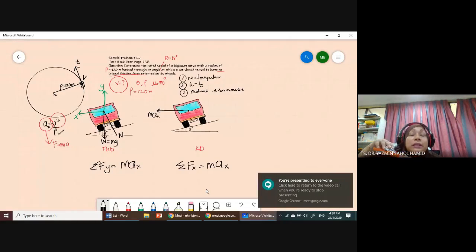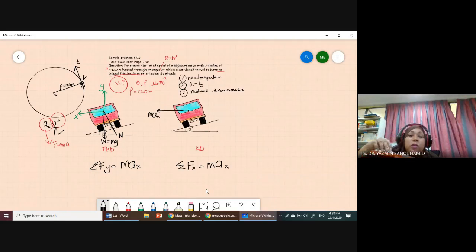Yes, the answer is correct, it is 0. So when you have a vehicle moving along a straight line and the velocity is constant, the acceleration will be 0.